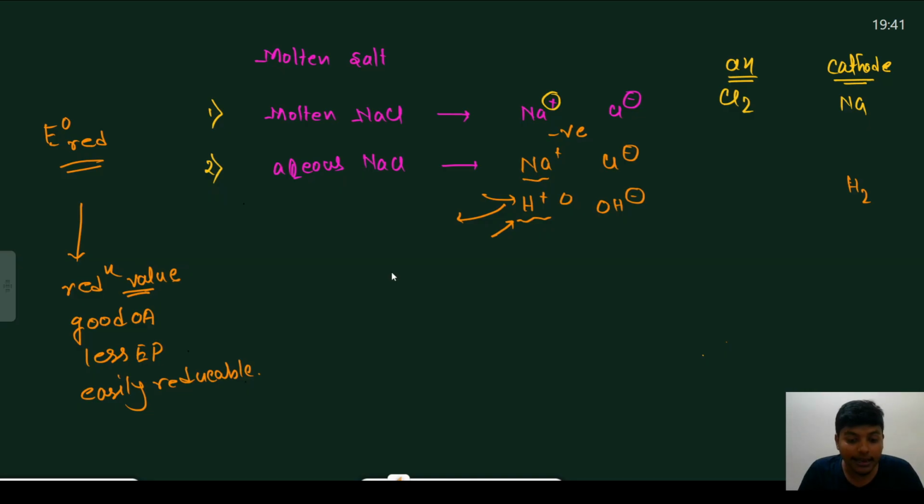Between chlorine and oxygen, chlorine has the lesser value, so it will get easily oxidized, and we will get chlorine gas at the anode. So molten NaCl gives chlorine and sodium, but aqueous NaCl gives chlorine and hydrogen. Clear?